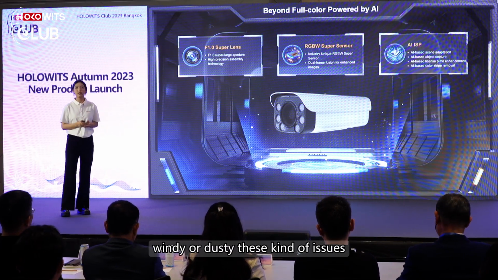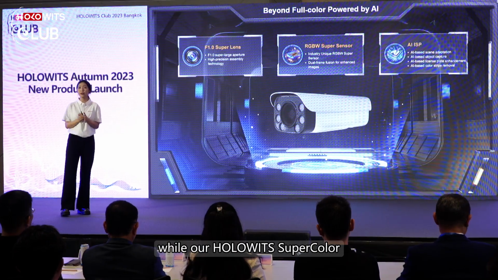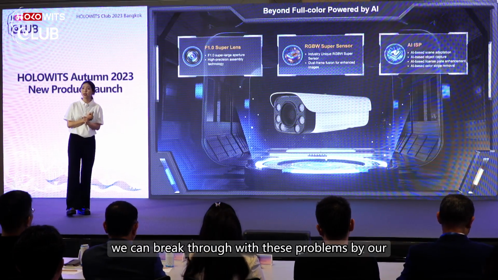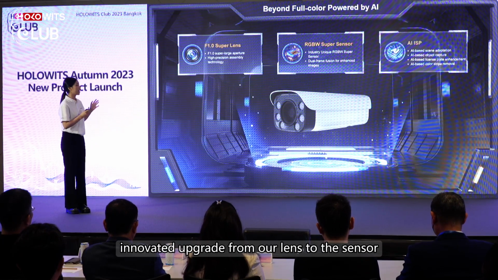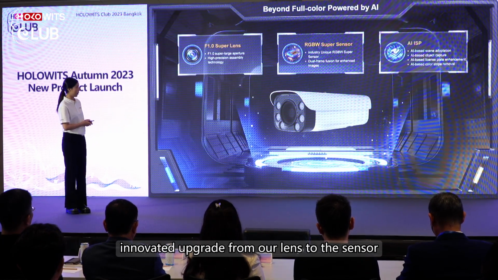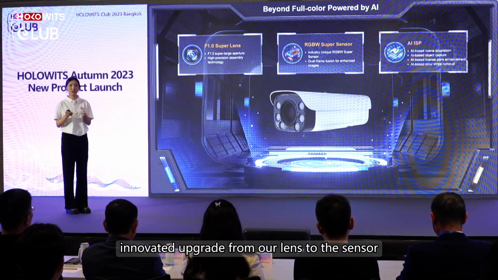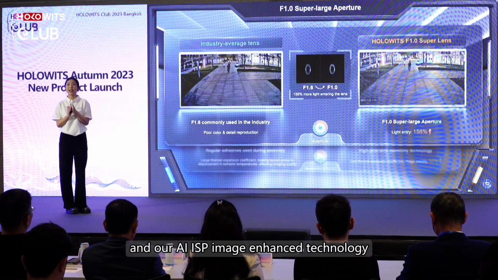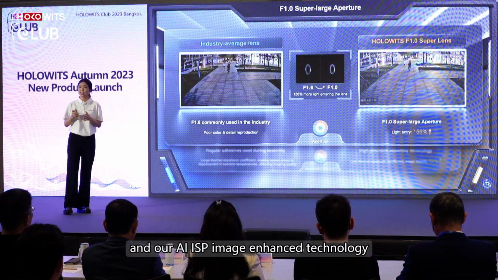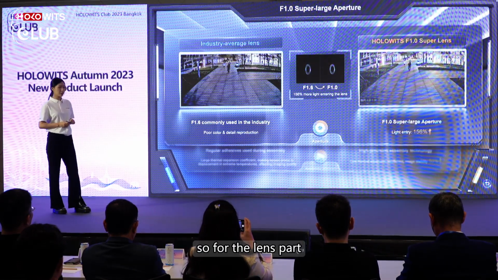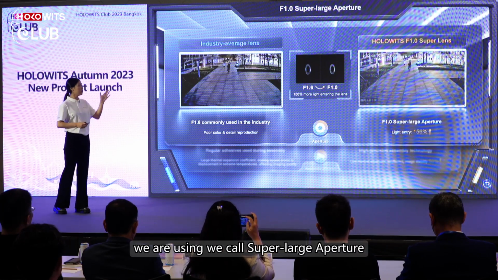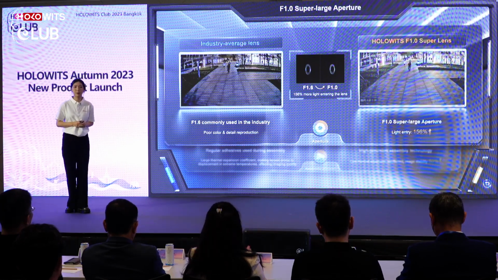With our HOLOWITS SuperColor, we can break through these problems by upgrading everything from our lens to the sensor, along with our AI ISP image enhancement technology. For the lens part, we call it the super large aperture.